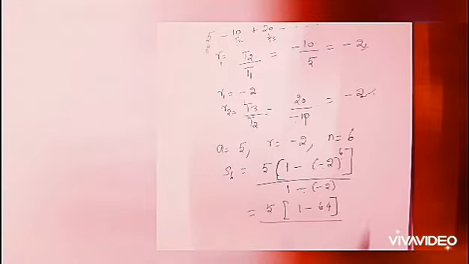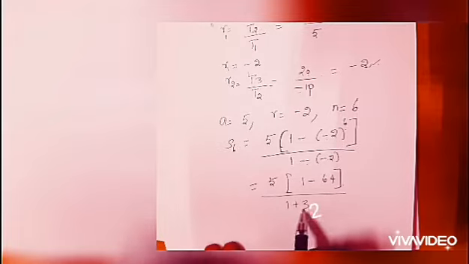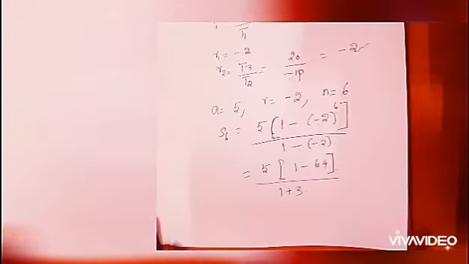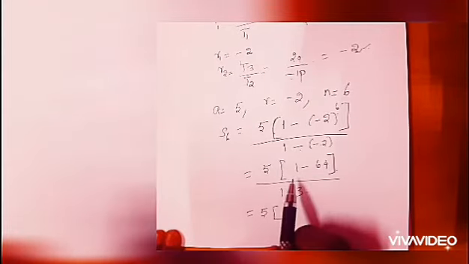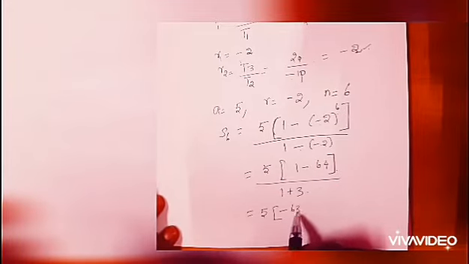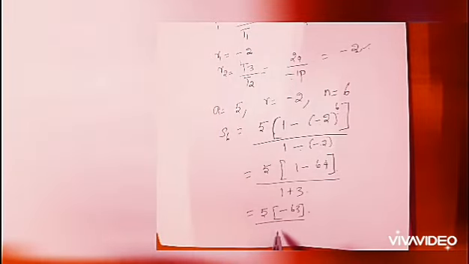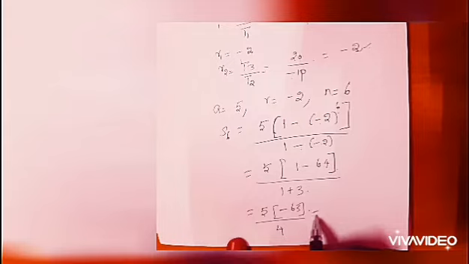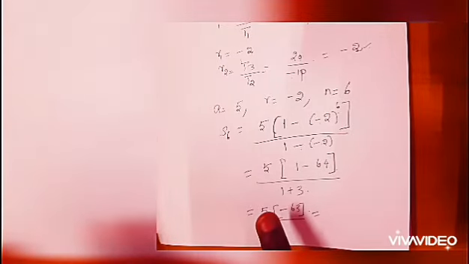The whole term divided by, minus and minus will become positive, so it is 1 plus 2. So which is equal to 5 times 1 minus 64, which gives minus 63, divided by 1 plus 2, which gives 3. So minus 63 multiplied by 5.